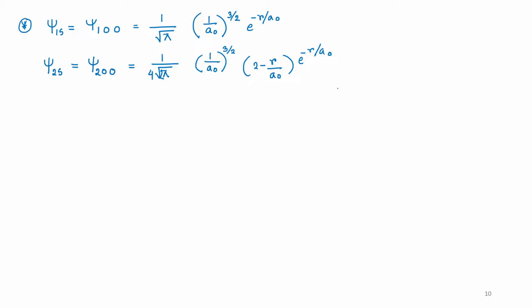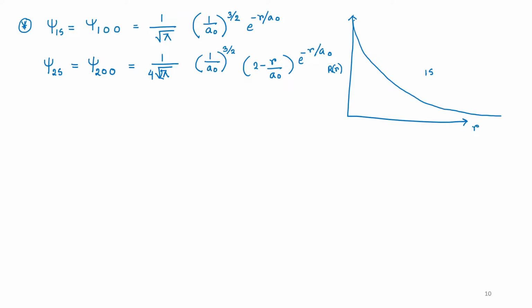So how do these radial functions look if you plot them with r? In the first case it will look something like an exponential decay in r. So this is for your 1s, and how will your 2s look like? There is an exponential term as well as a polynomial in r.